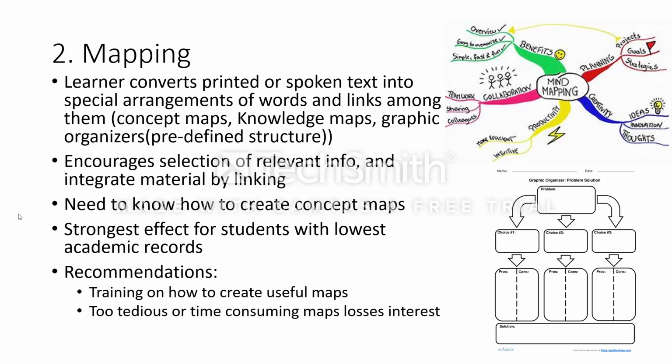But much like summarizing, students need to have the know-how of how to create such maps. This technique is going to have the strongest effect for students with low academic records. Sometimes creating the map can be very time-consuming, and if the map is too complex, students will lose interest. So it's important to figure out how to scaffold your mapping activity.